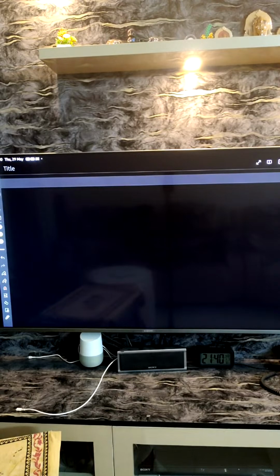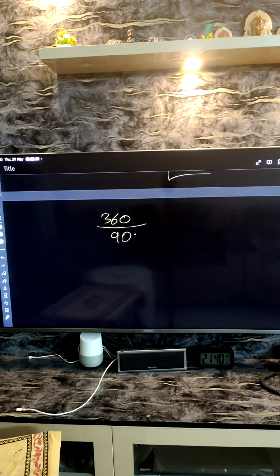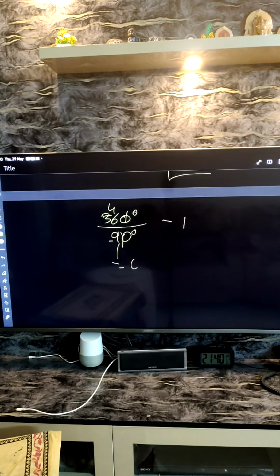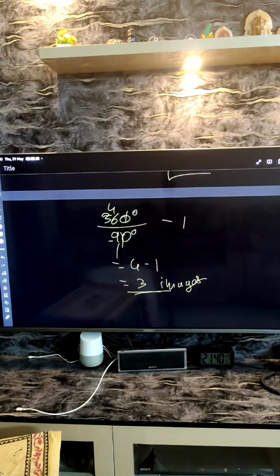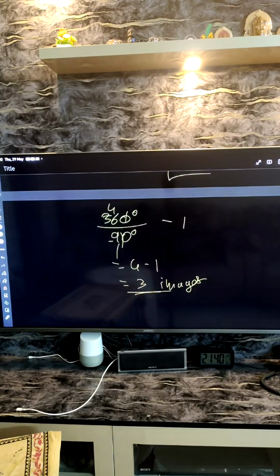Now when you have 360 by 90 minus 1, that is 4 minus 1, which is equal to 3. So 3 images are formed. As the angle between the mirrors keeps on decreasing, the number of images keeps on increasing. So 90 degrees, 30 degrees, like that.